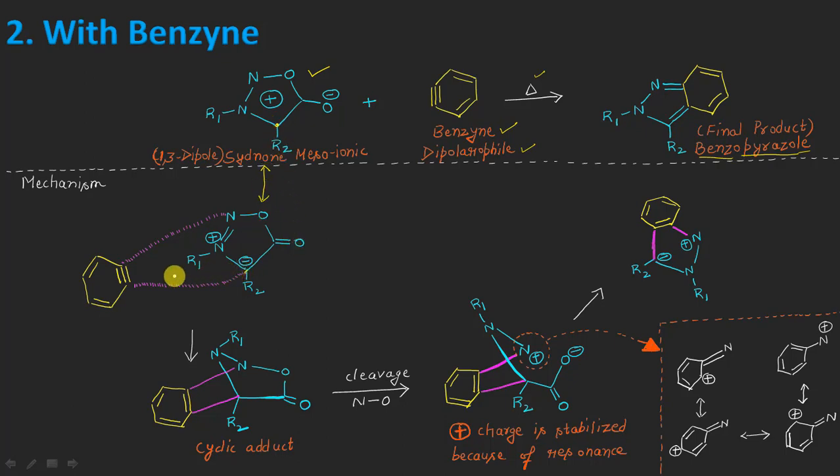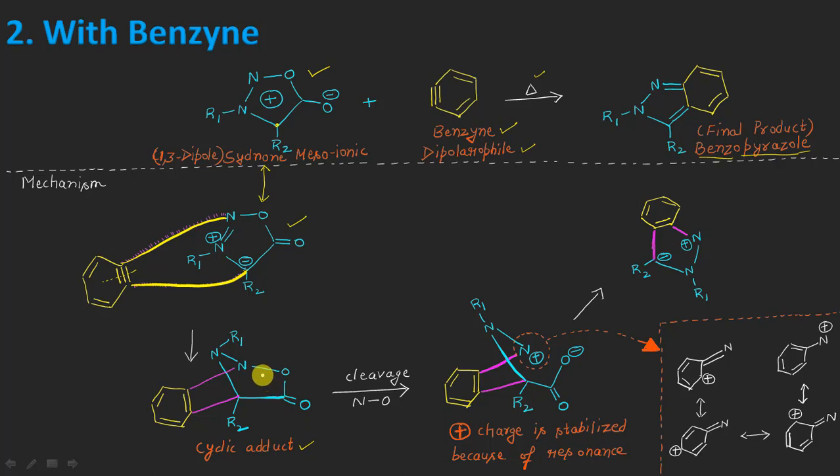Once again, being symmetrical, there will not be any issues of regioselectivity, and the negative end of our dipole is interacting with this carbon atom, and then this carbon atom is interacting with the positive end of our 1,3 dipole of this mesoionic, giving this type of cyclic adduct by the formation of a bond between this carbon and this carbon and this carbon and this nitrogen atom, and we will end up with this type of cyclic adduct here.